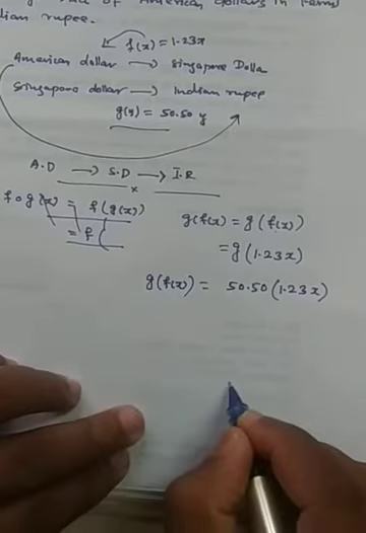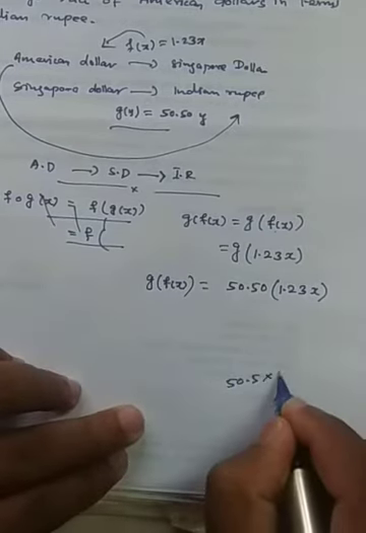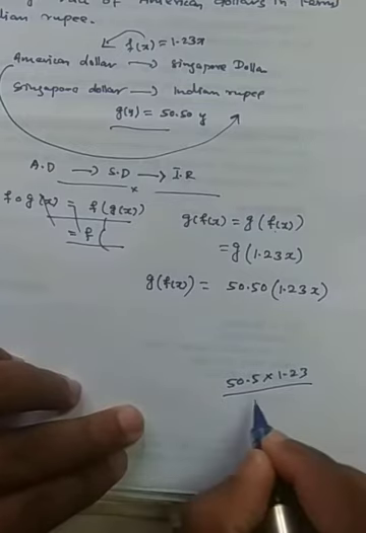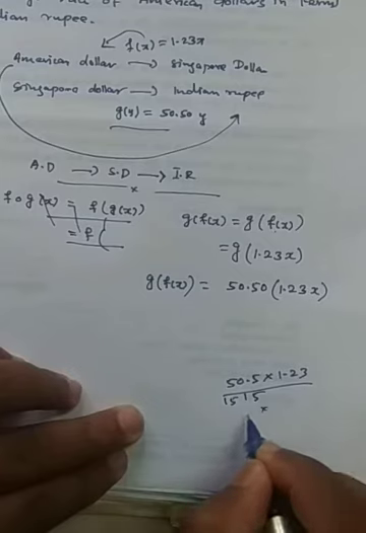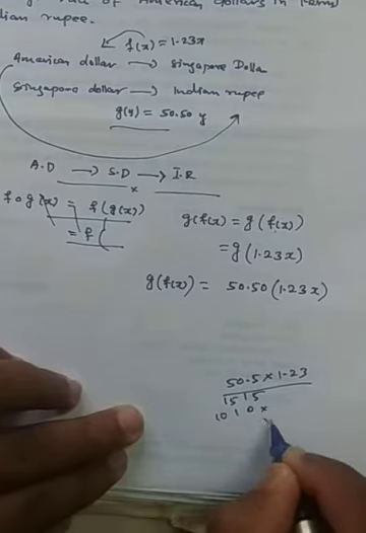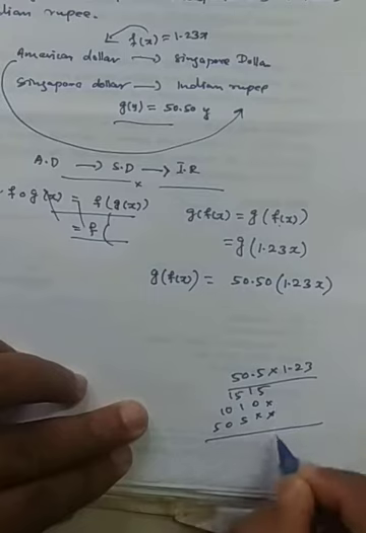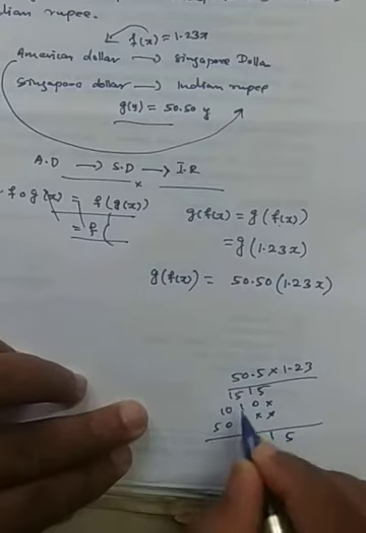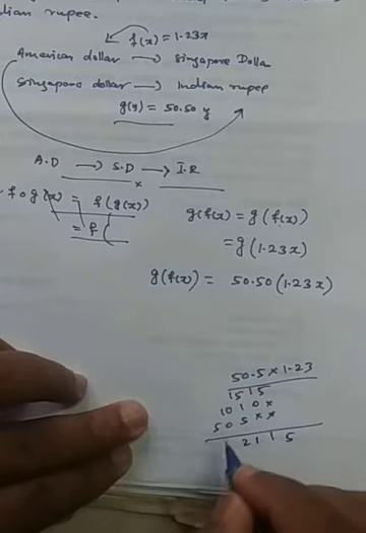So 50.5, that 0 leave it. So 1.23 you just multiply. 3 5s are 15, 3 5s are 15 will come, and then 2 5s are 10, 0 1, and 2 5s are 10, here it will come, and the next one multiply now 5 0 5 will come. So add it: 5, 1 10 plus 1 is 11, 2, and then 6 will come.